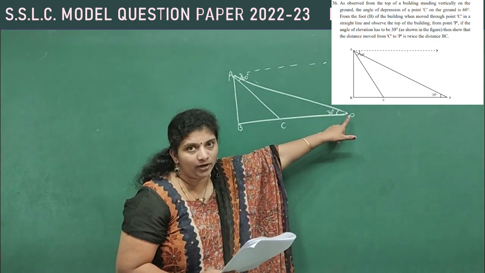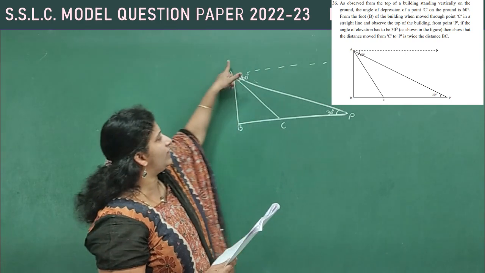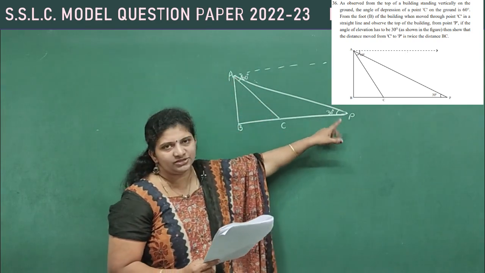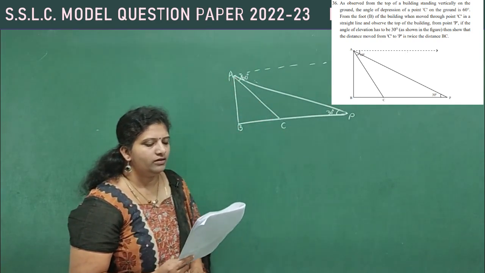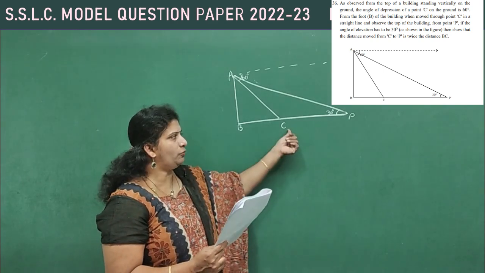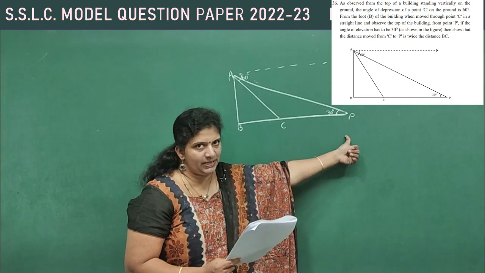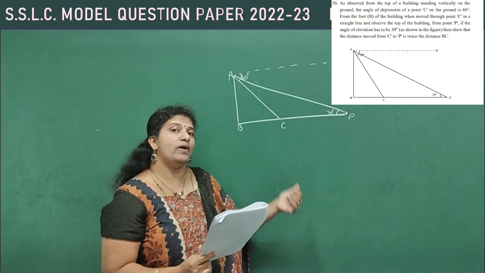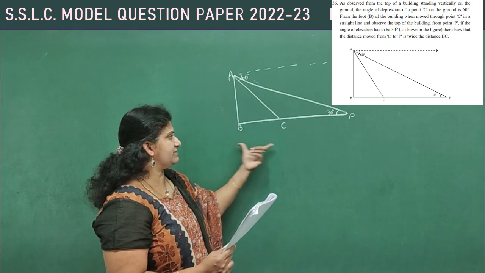See, from the point P now, the angle of elevation to the top of the building is how much? 30 degree. Then show that the distance moved from C to P, that means CP, is twice the distance BC.